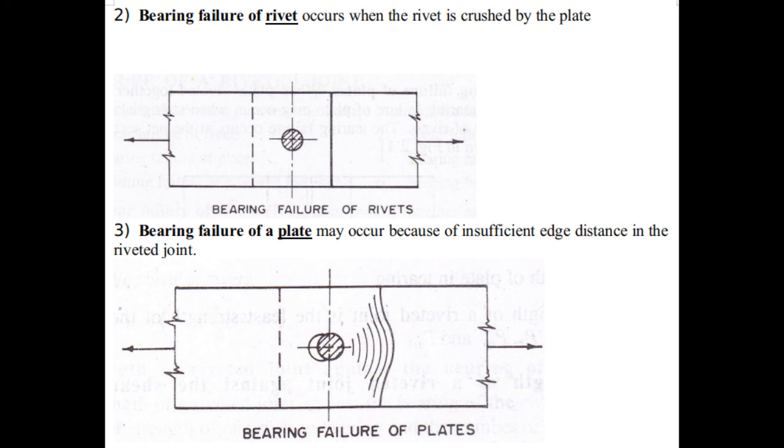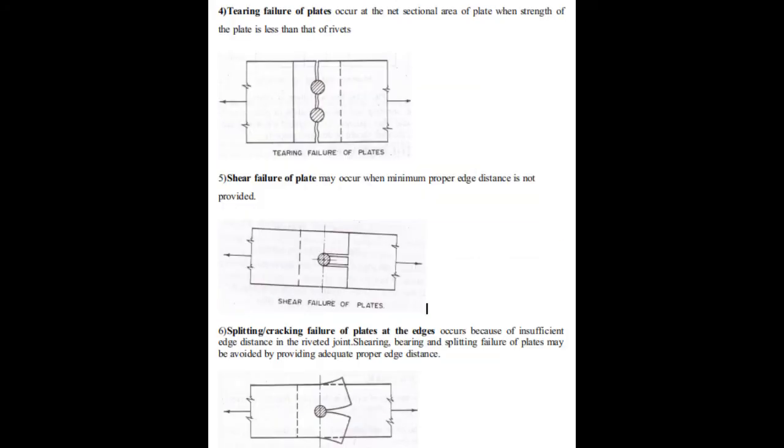The distance from the outer diameter of that rivet to the edge of the plate is known as the edge distance. If this edge distance is insufficient, then the bearing failure of the plate occurs, not the bearing failure of the rivet. Okay, so this is the third way a rivet connection can fail.